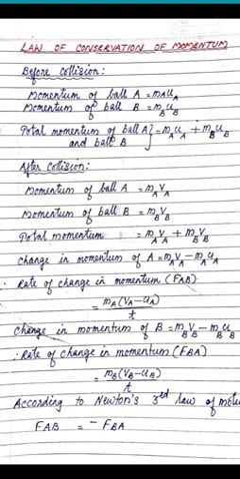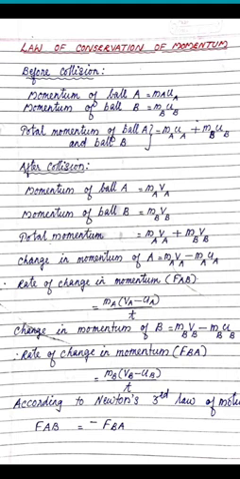Same way, momentum of object B before collision is mass of B multiplied by initial velocity of B, that is MB multiplied by UB. From this we can find the total momentum of balls A and B before collision. Total momentum of A and B before collision is equal to MA UA plus MB UB. This is the total momentum before collision.